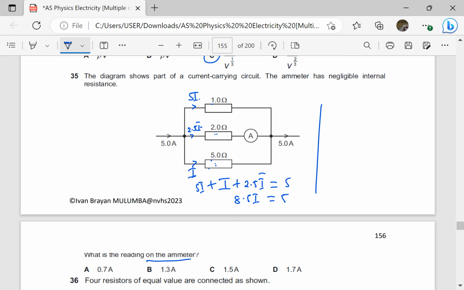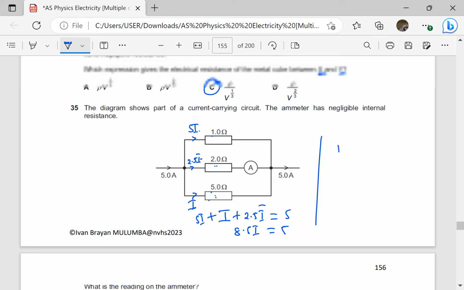We are just going to divide. I is going to be equal to 5 divided by 8.5. Okay, so that is I. But I want the current through the ammeter. So the ammeter reading is going to be equal to 2.5 times I, which is 5 over 8.5.